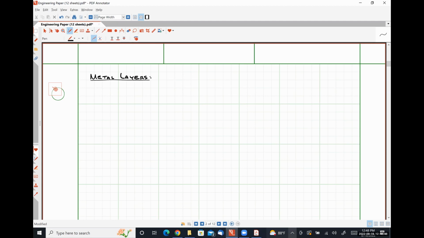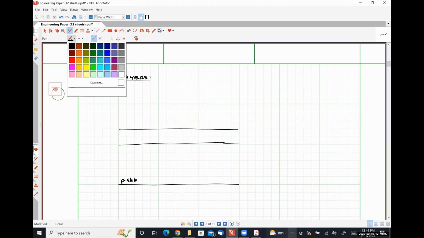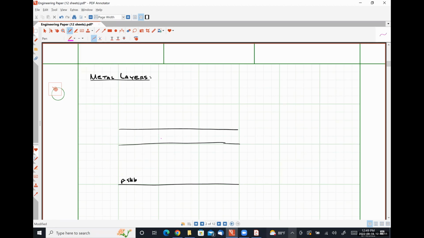So in our hierarchy, if we were to draw out the cross-sectional view, down here is our substrate. And then embedded inside this oxide layer, we have our poly 1 layer.